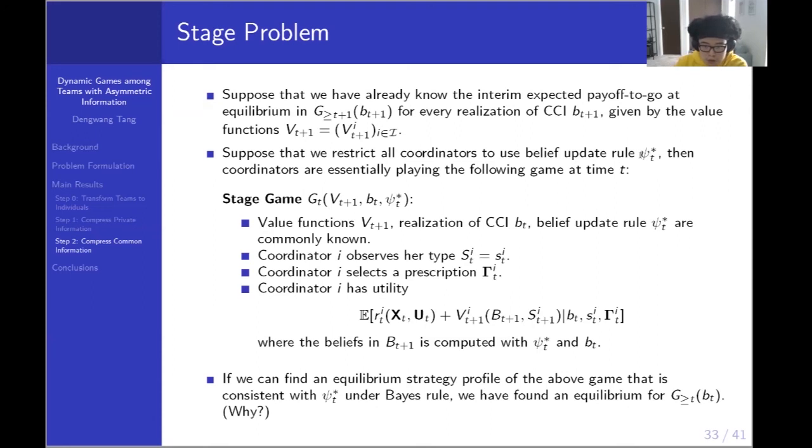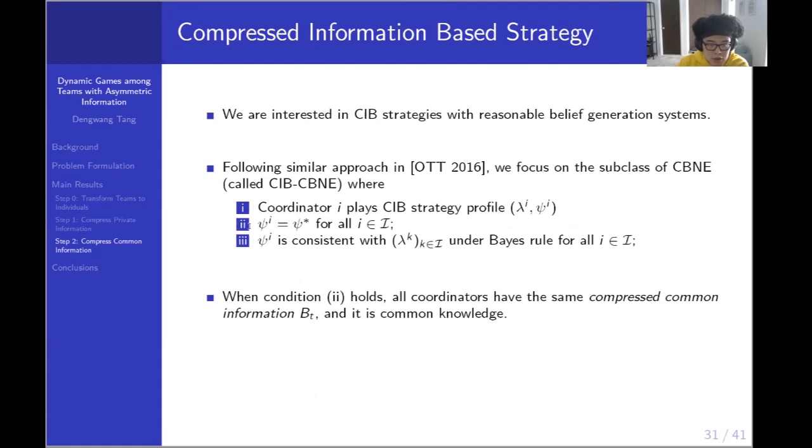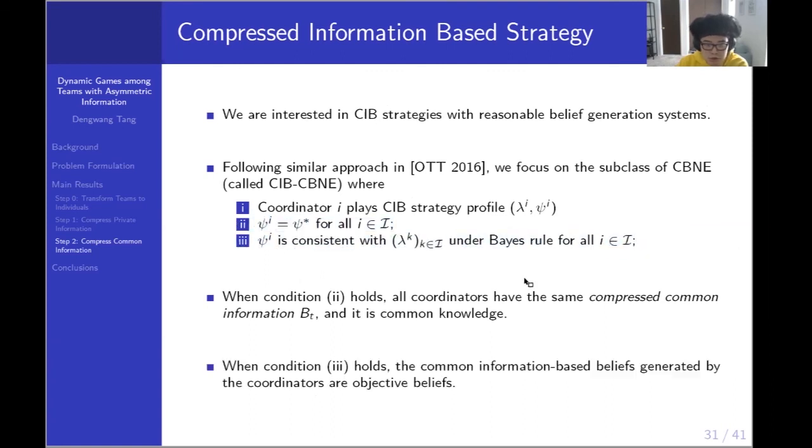If we restrict them to use a rule and we find the equilibrium in this game, this means that coordinator I is using the best CIB strategy that he can use to respond. But is this best CIB strategy necessarily the best strategy that he can respond to other players? It turns out that under the conditions that we have given for CIB, CBNE, that is here, it is actually true.